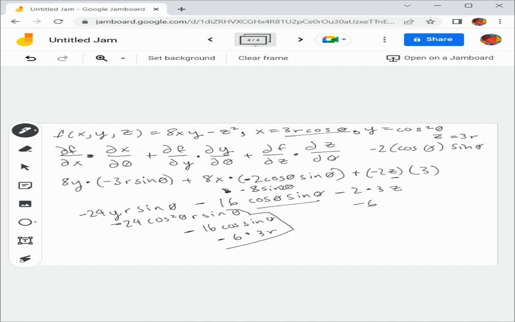So yeah, cosine 2 theta, r sine theta is minus 16 cosine theta sine theta, negative 18r. So I can simplify this a little bit more. If I get this one right, I will simplify. If I got it wrong, let me try it again and see why I got it wrong.